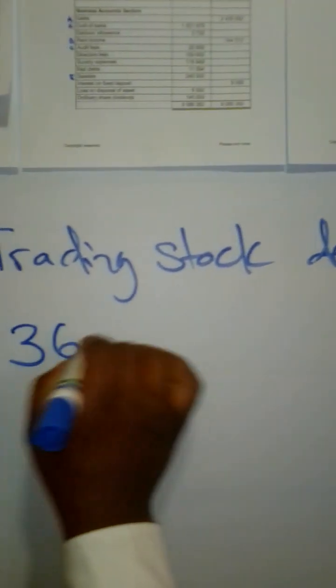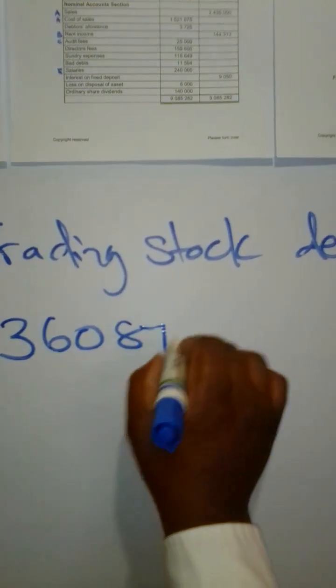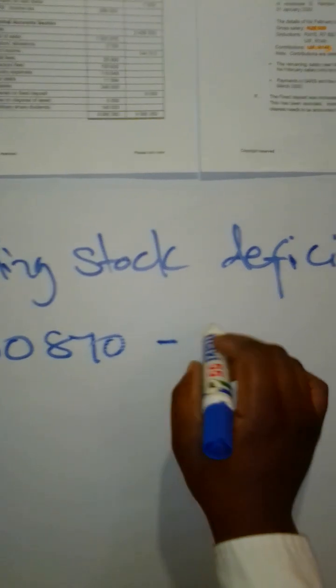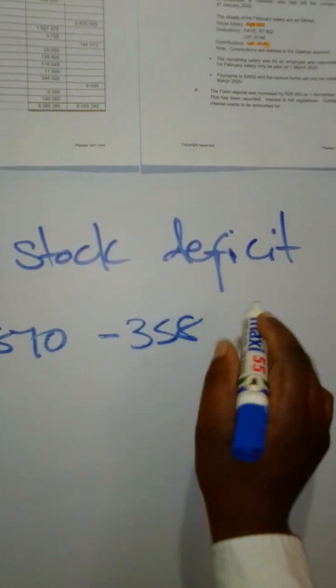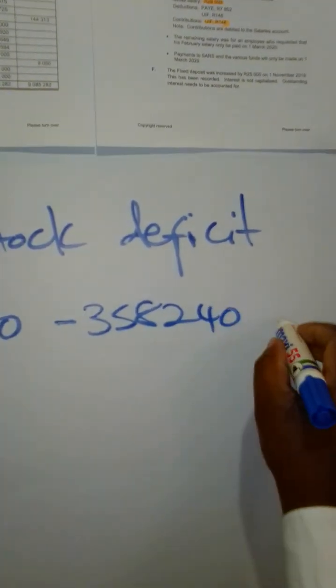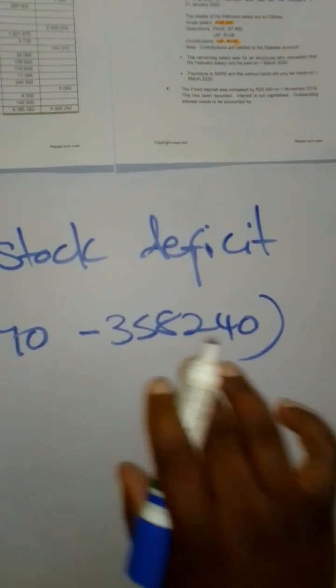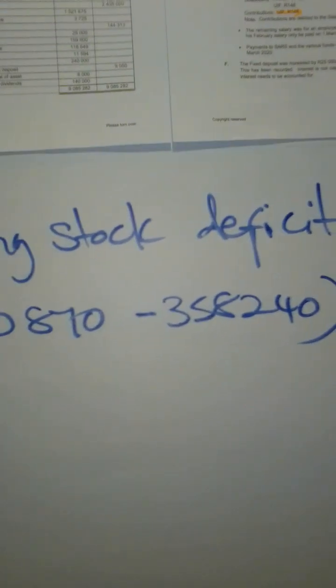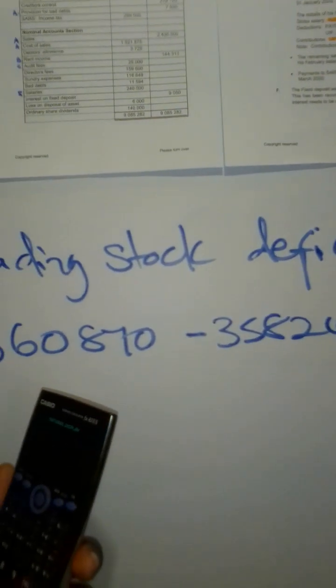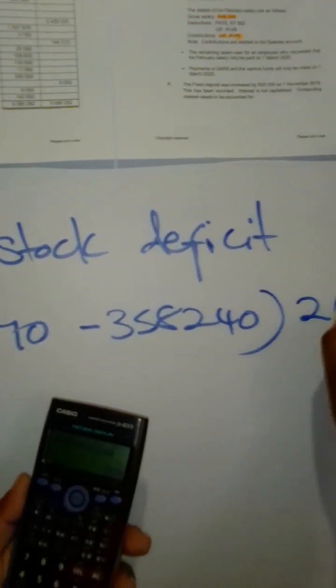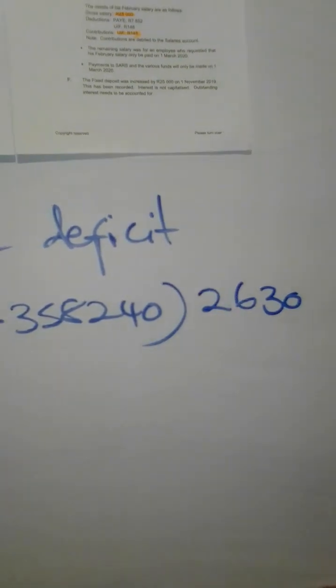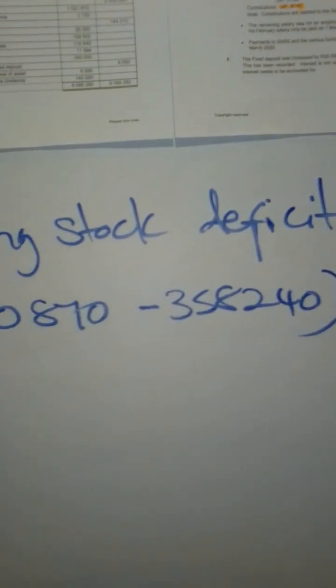It's 360,870 minus 358,240. Let's go on to the calculators. It's 2,630. This is our trading stock deficit. We are already done with it.